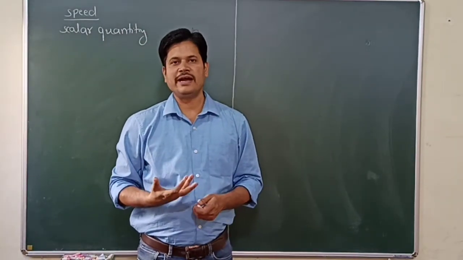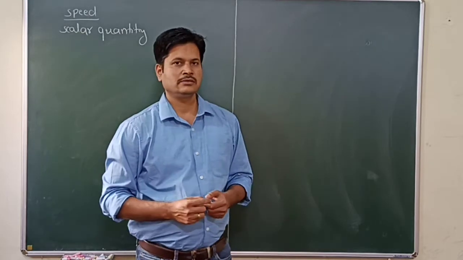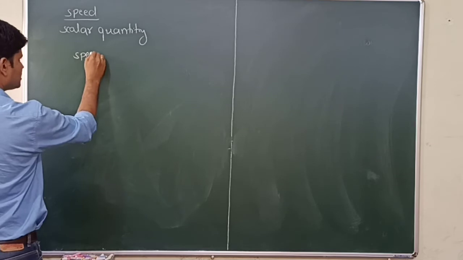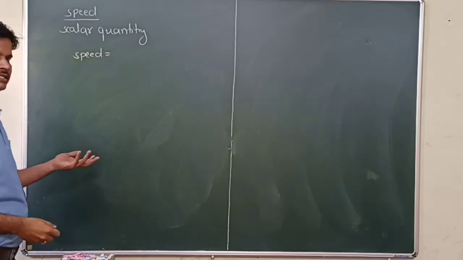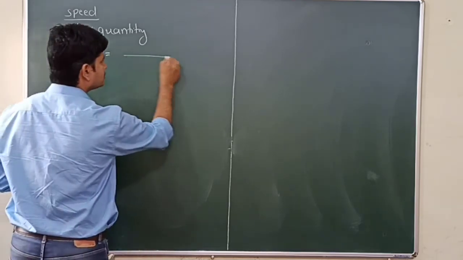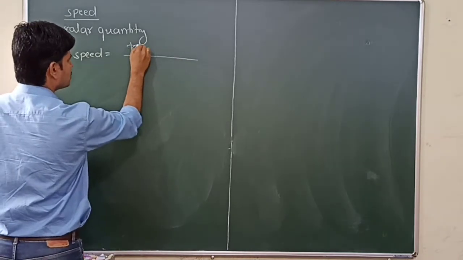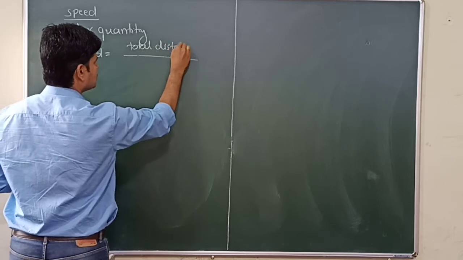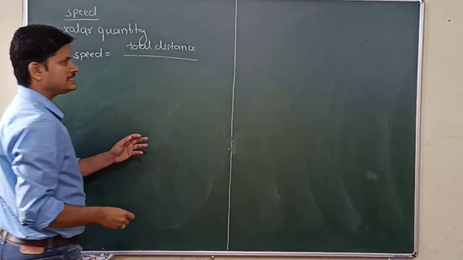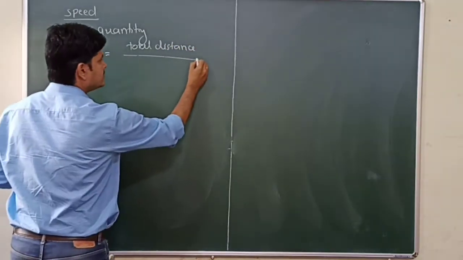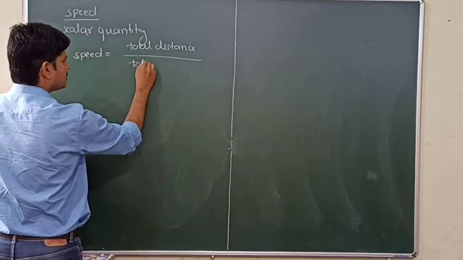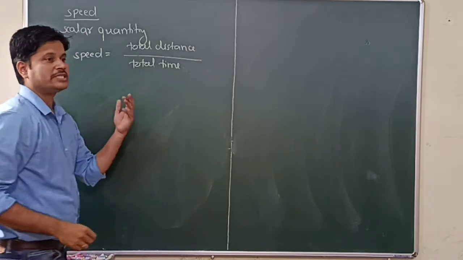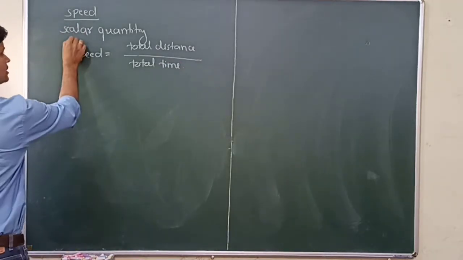And how can we define speed? Speed can be defined as just the ratio of total distance covered by the object to the total time taken by that object.